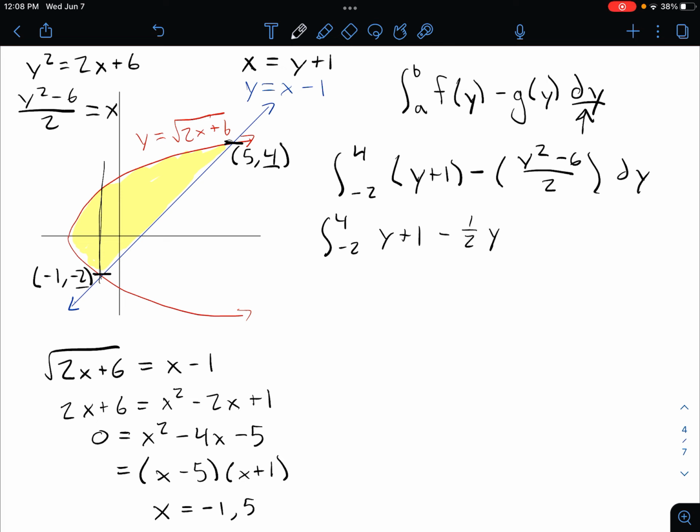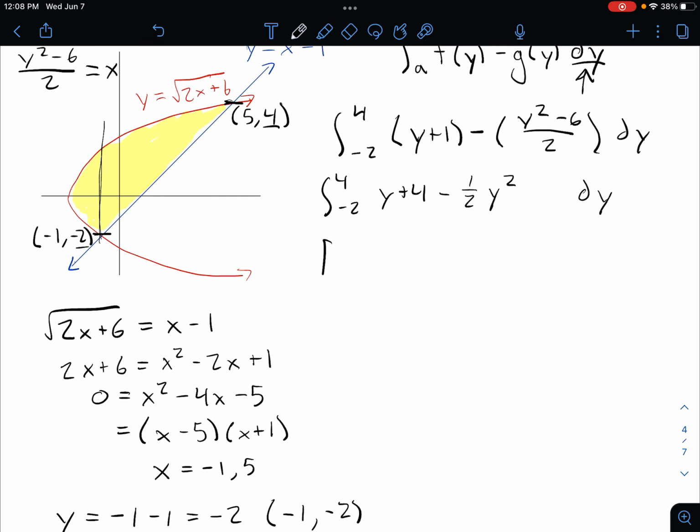I'm just distributing the minus sign and simplifying a little bit. So we can see here that the plus 1 and the plus 3 are going to combine, so I'm going to go ahead and do that and make plus 4. A little cramp there, but it's okay. And since this is y's and dy, it's straightforward, regular power integration rule.